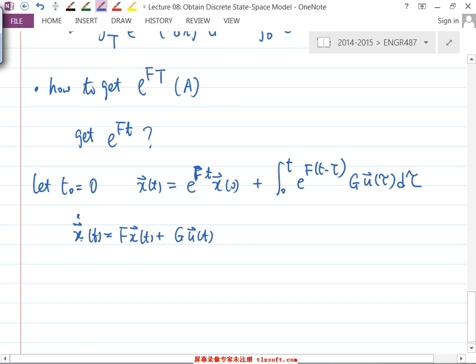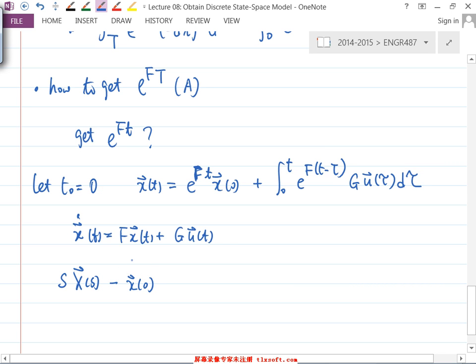The Laplace transform for x of t is capital X of s. The Laplace transform for the derivative of x of t is what? It is s capital X of s, and then you have to consider the initial condition, which is minus x of 0.